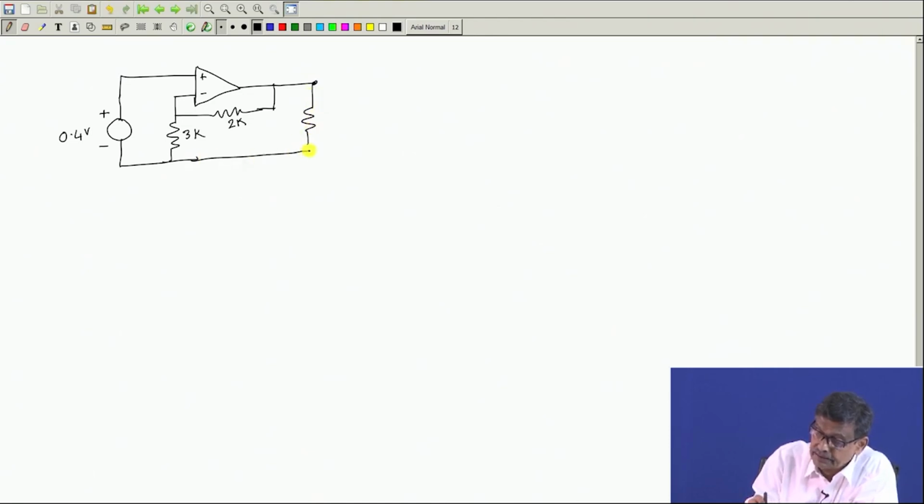We will see, this value I have forgotten. Now, in this circuit I have been asked to calculate what V naught is. How to calculate V naught in this circuit? Suppose some I naught will be flowing in the resistance connected.